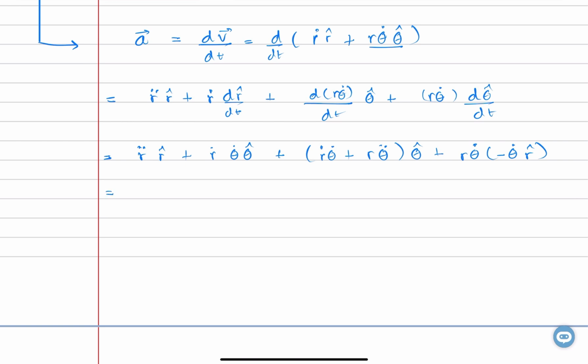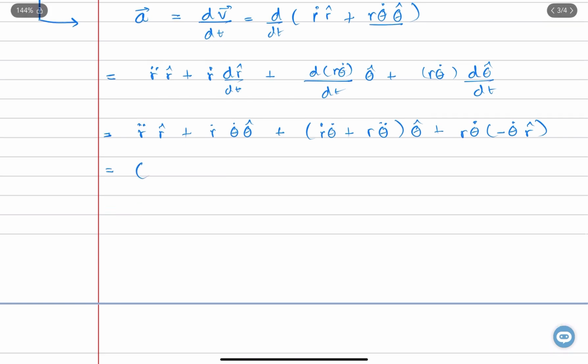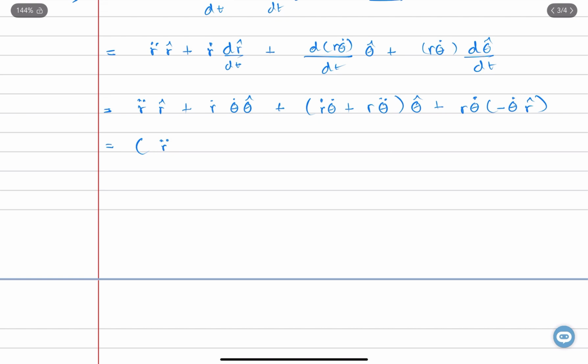And if we were to combine all the terms, then we would end up with something that looks like this: r double dot minus r theta dot squared, r cap, plus 2r dot theta dot plus r theta double dot, times theta cap.